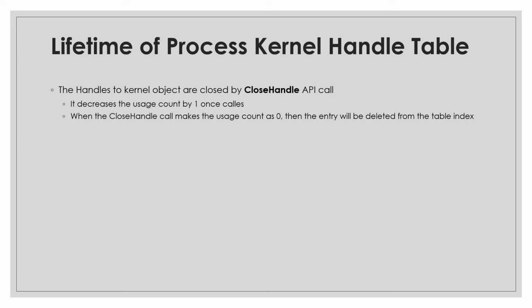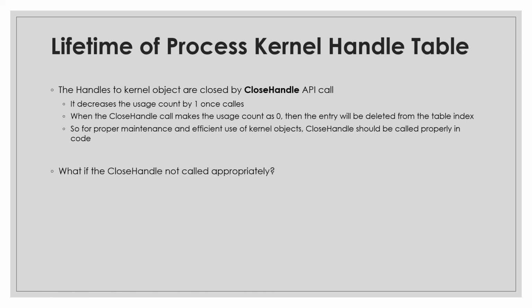It may be that your CloseHandle call has not decreased the count to 0. In that case, the kernel object will not be deleted, but the handle will remain there. So for proper maintenance and efficient use of kernel objects, CloseHandle should be called properly in code.